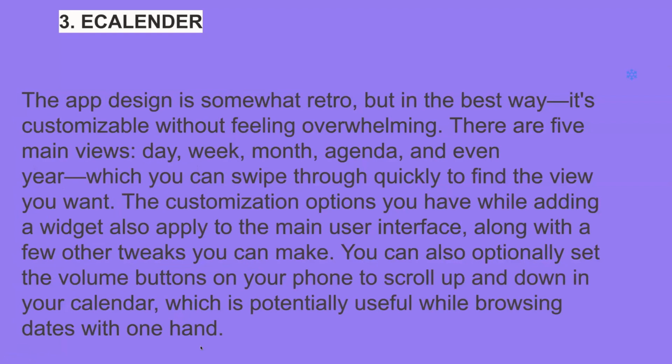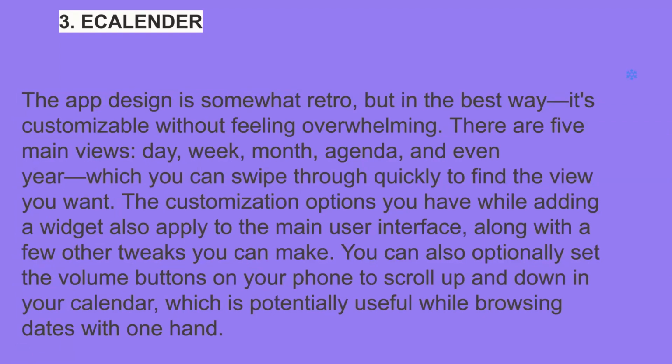The app design is somewhat retro, but in the best way. It's customizable without feeling overwhelming, and there are 5 main views: day, week, month, agenda, and even year, which you can swipe through quickly to find the view you want.